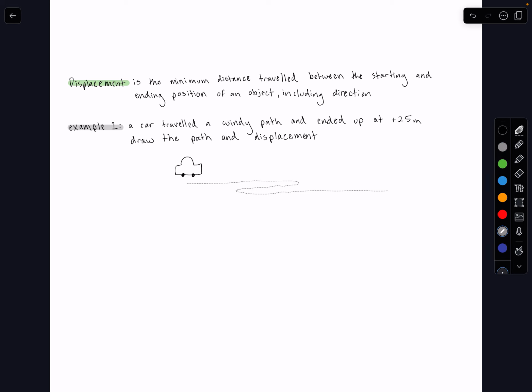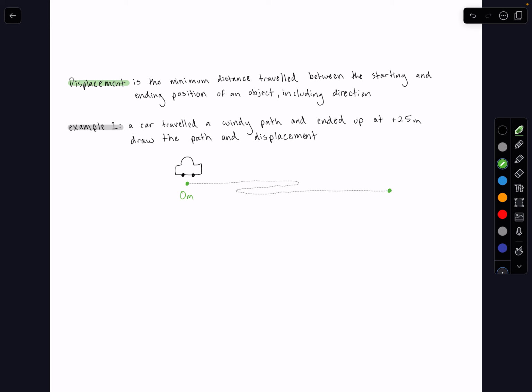So let me change back to a non-dotted line. Here we go. The car starts out at this position, which we can say is 0 meters. And it says that it ends up at positive 25 meters. So that's the displacement.